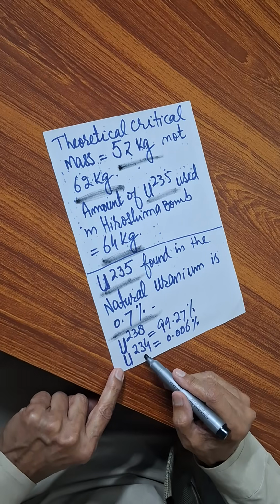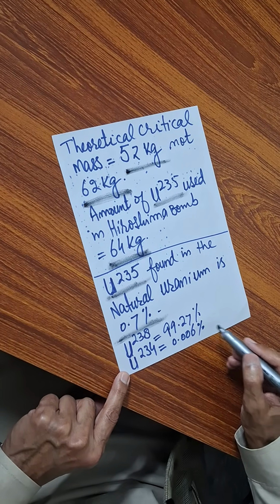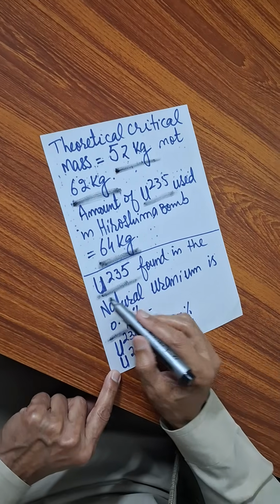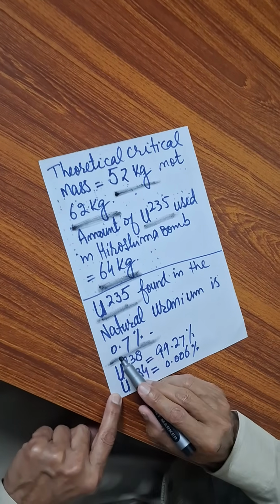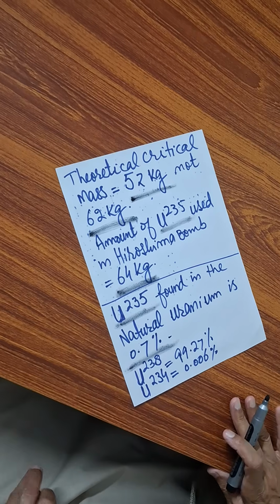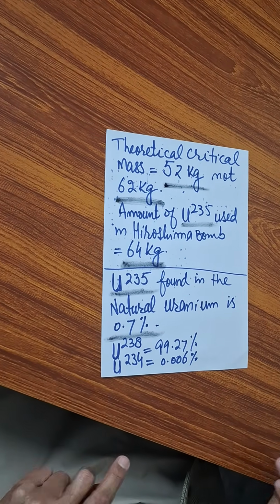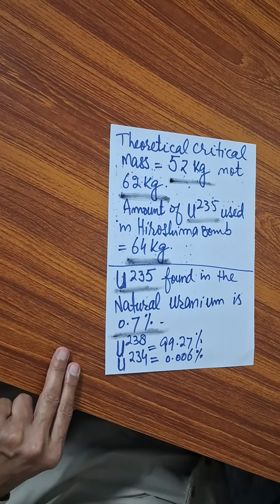And uranium 234 is very negligible, which is 0.006%. And uranium 235 is 0.7%. So this was the third point which I wanted to correct or clarify or explain further.